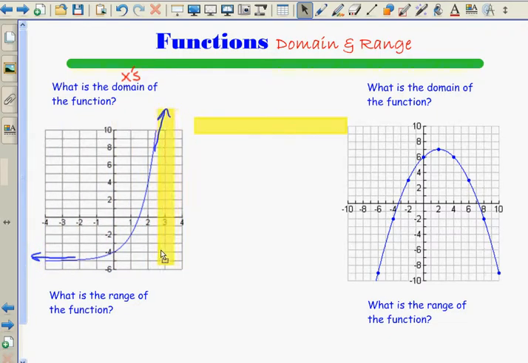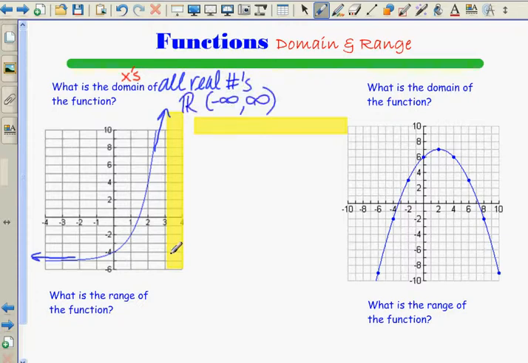So as far back as I go, I'm covered. As far forward as I go, I'll be covered. That means there is no restriction. So again, we'll say all real numbers. We could do our double R, or we could do our interval notation. Any one of those three things.